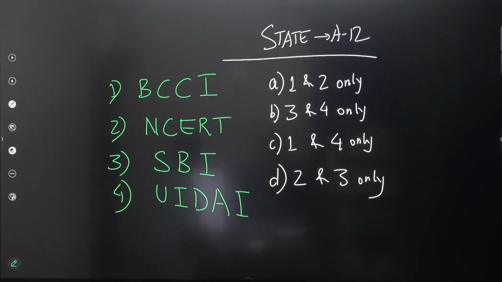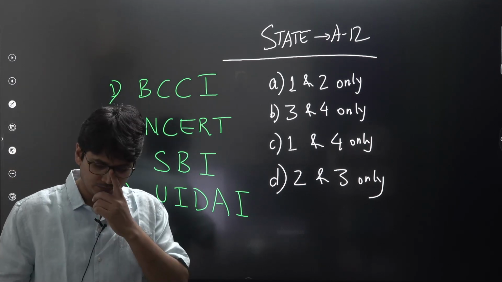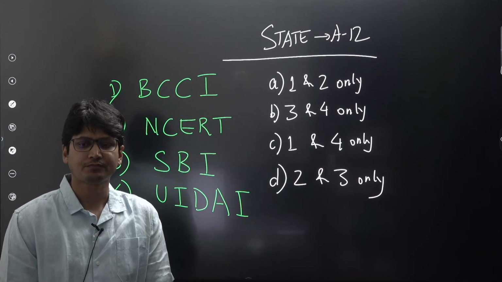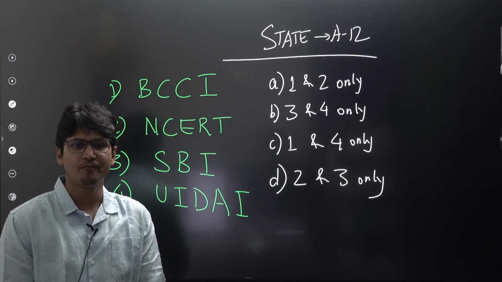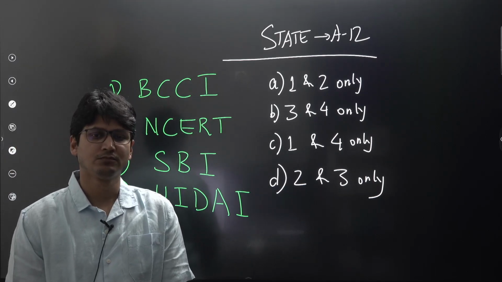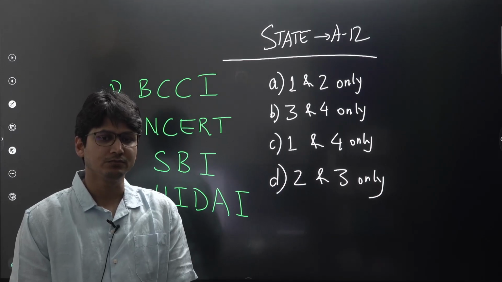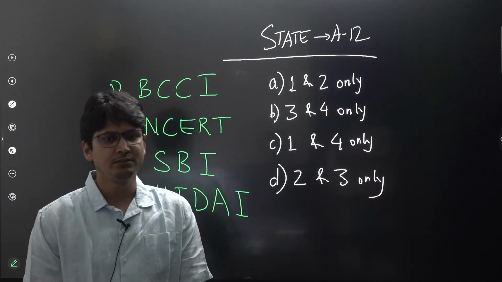Yes, please. D. D is 2 and 3, that is NCRT and SBI.